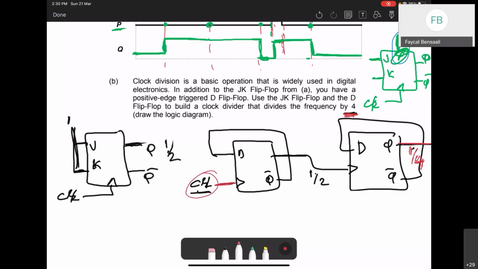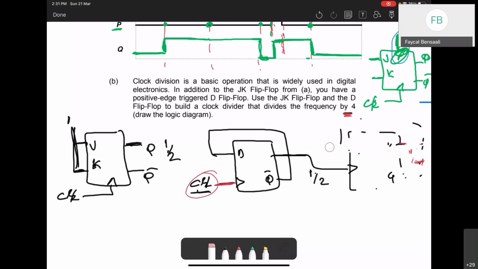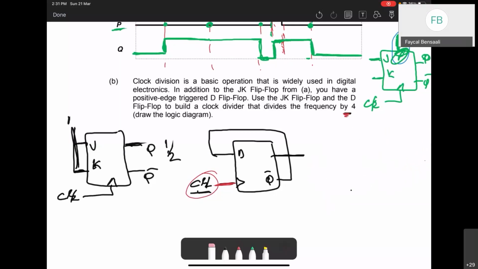I do the same for JK flip-flop. Now we told you you have one JK, one D flip-flop, and we want to get the divide by 4. I think the answer is easy, right? It's very simple. So I'll just place the JK flip-flop here, JK. This goes to 1.